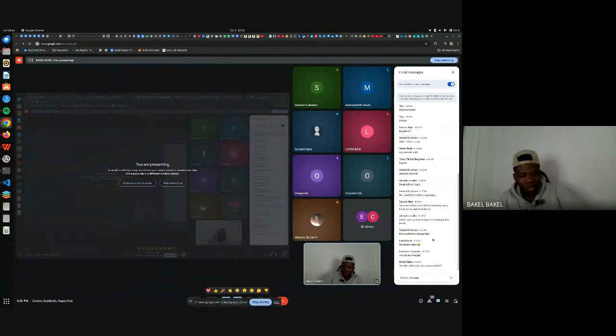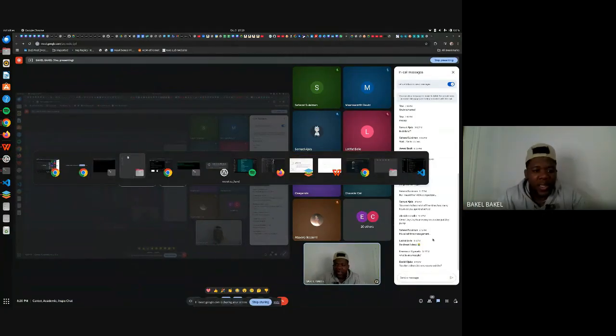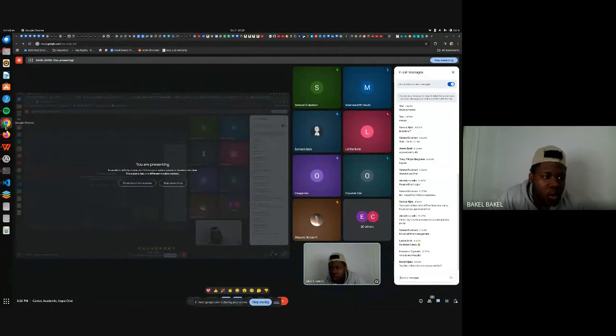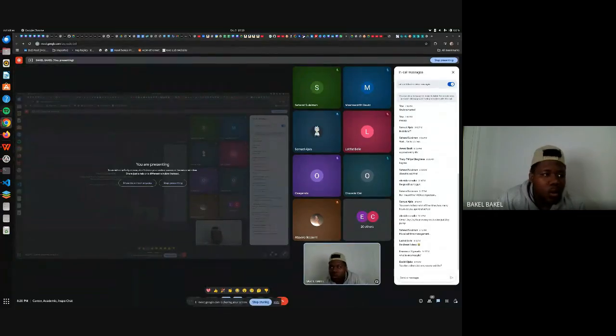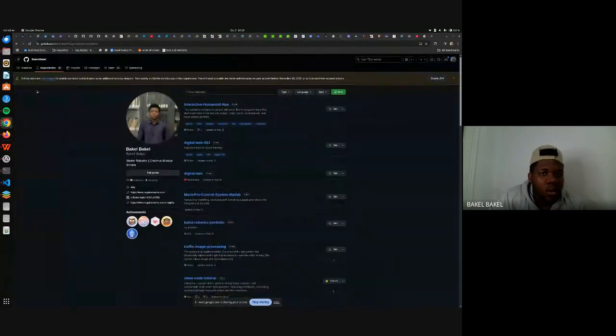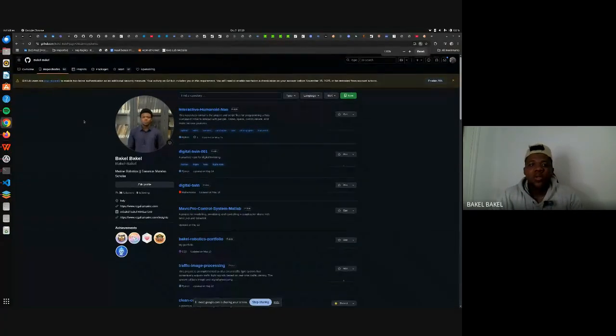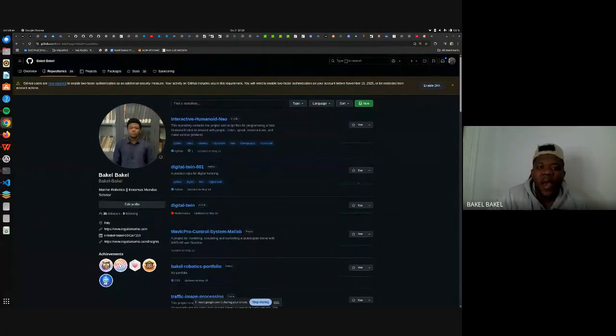So let me show you something. I think I still have the window I worked with open. For those who can see my screen, let me increase it a bit. Okay, it's not increasing.